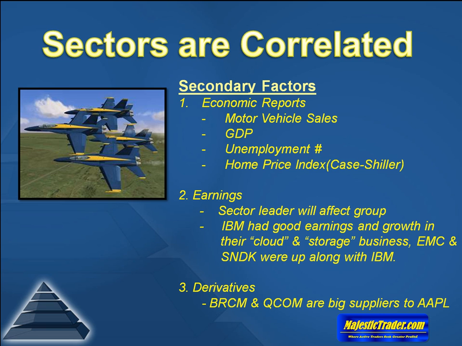Look at the economic reports. Number 1, which is a great indicator of future economic health. Motor vehicle sales. This is both car and truck. Well, if you see sales going up, that's a good thing.